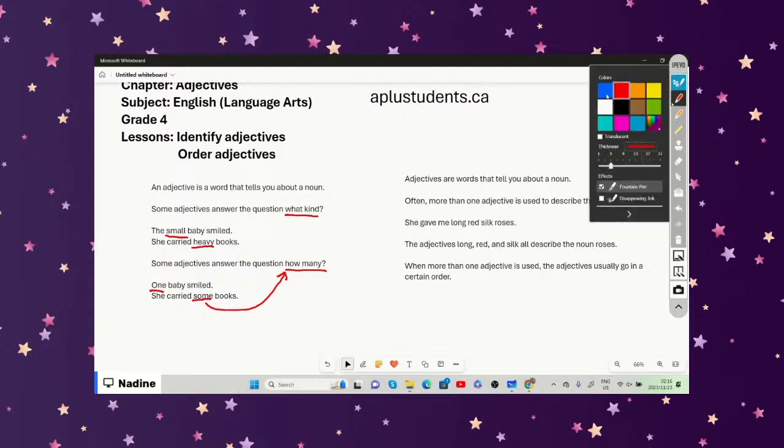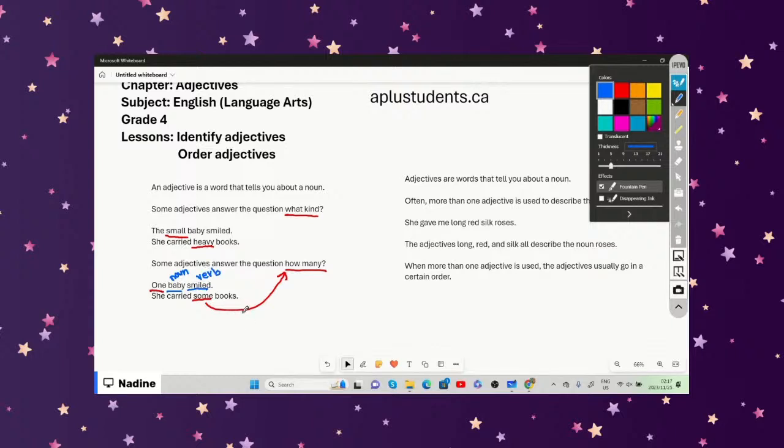And if we look at our sentence, remember a complete sentence has a verb and it has a noun. If we look at the sentence one baby smiled, then baby is the noun, and smiled is the verb. It's something that the baby is doing.